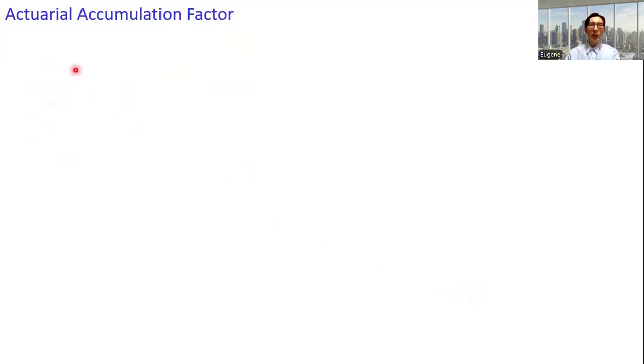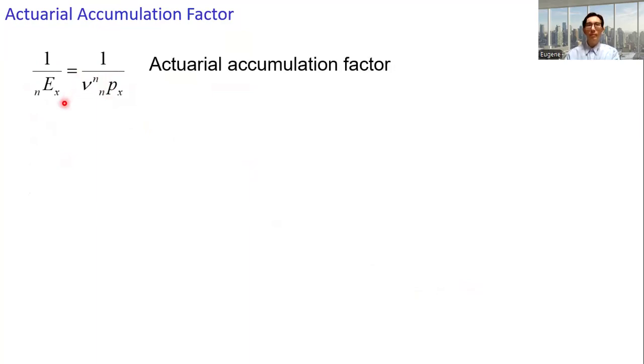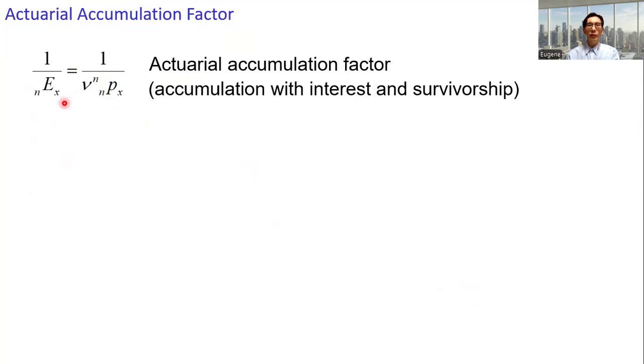We also have the actuarial accumulation factor, which is 1 over nEx. This accumulation incorporates the interest as well as survivorship. Similar elaboration.